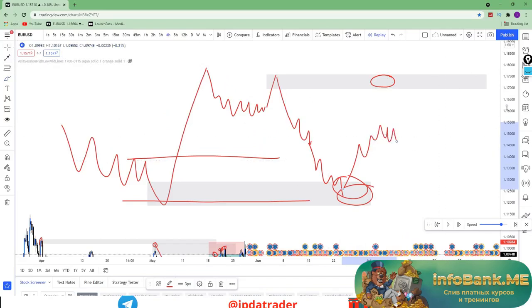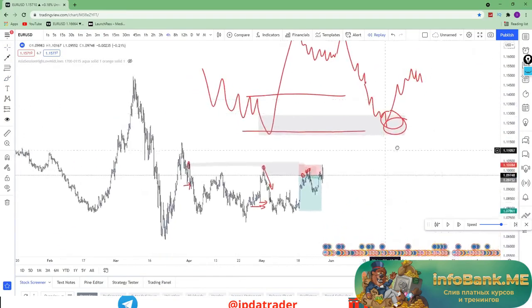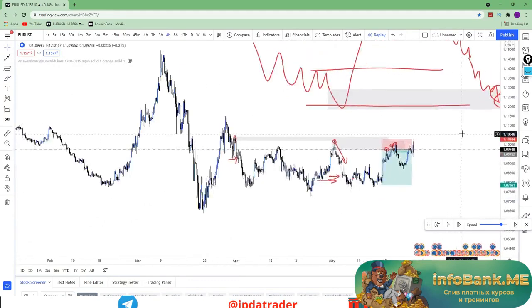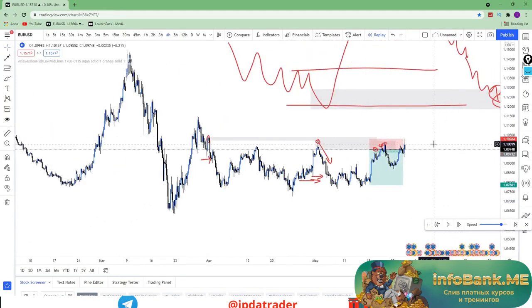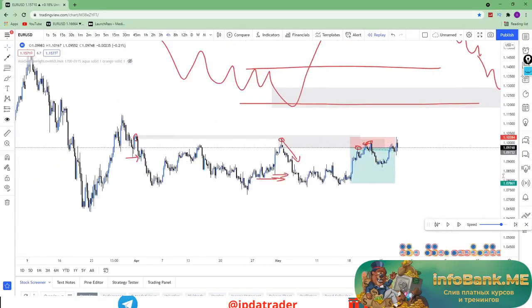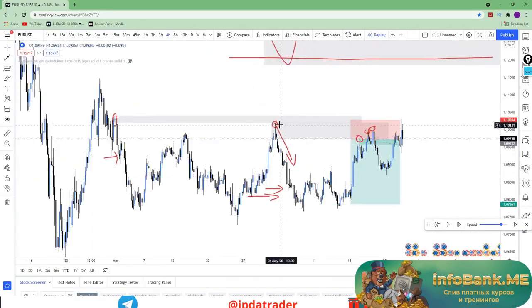So what you've essentially learned in this video is a particular type of point of interest, which is the order block, more particularly an origin order block, if you're looking at the really last up move before the down move or the last down move before the up move. That's just one of the types.